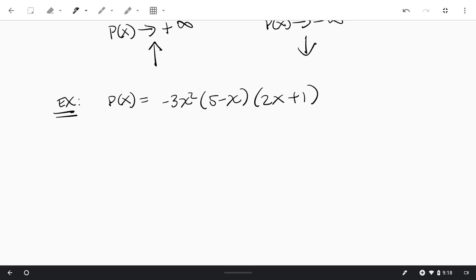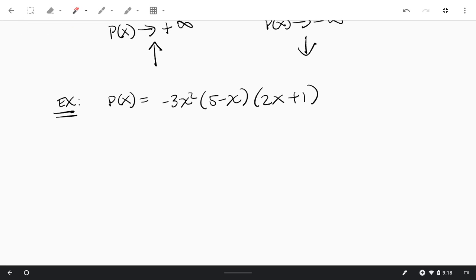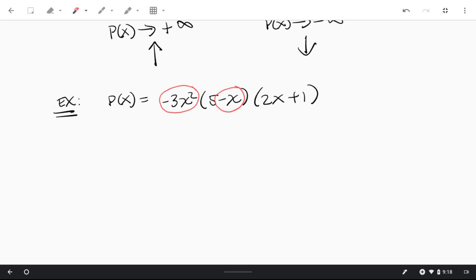Unless you really want to multiply everything out completely, you can, but you don't need to. So these are the terms I'm going to multiply together: this one, with this one, -x, and this one, 2x.